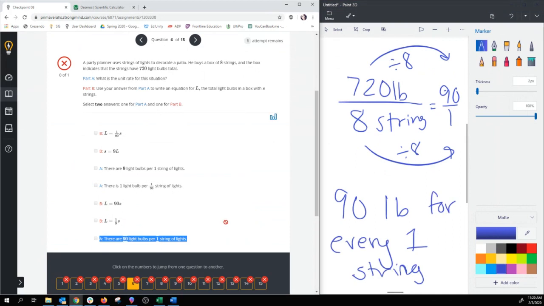And for part 2, the equation. So we know what our unit rate is. Our unit rate is 90 over 1, right? So which one of those equations is the only one that has 90 as the number?